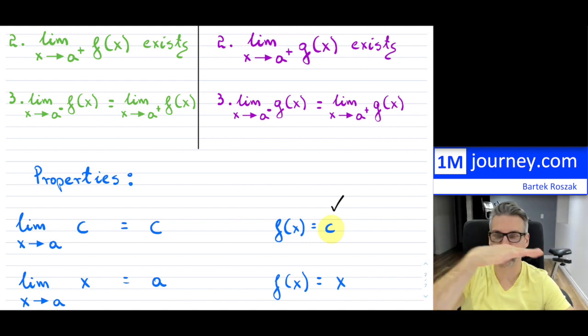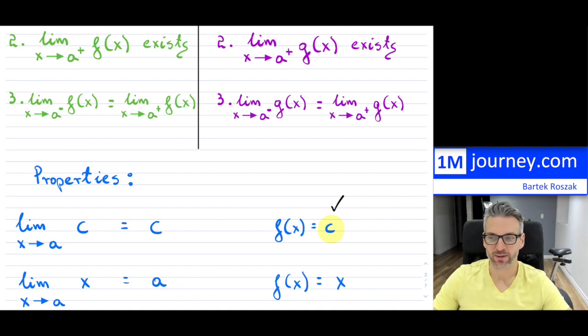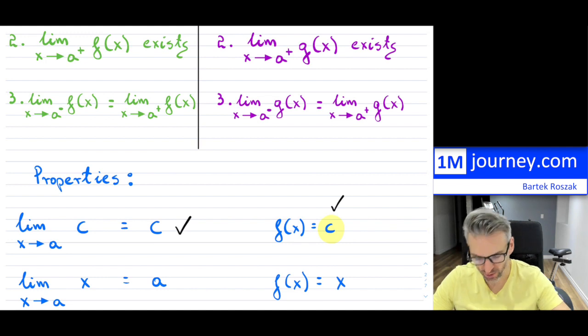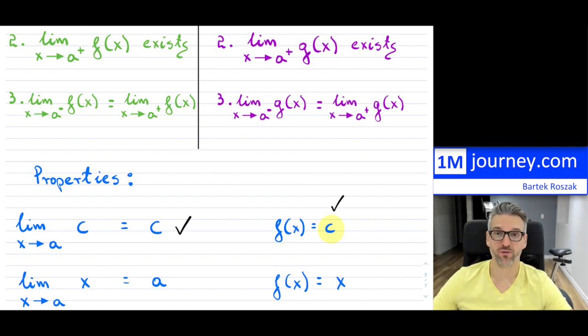There's nothing happening there, so it has a slope of 0, and it's just crossing your y-intercept at c. That's all that this would look like. Well, we know that this is equal to c, so the limit for x approaching any a, right, is just equal to c. And I'm assuming that x is defined, right?